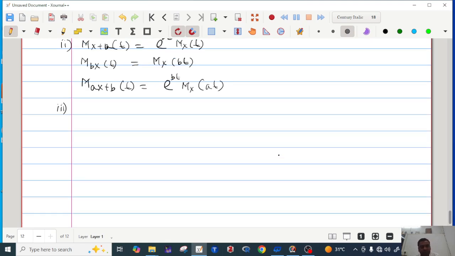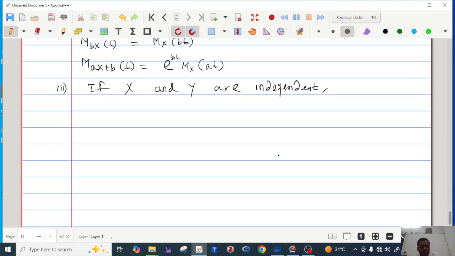Third property is, if X and Y are independent, then the MGF of X plus Y is equal to MX of t multiplied by MY of t.